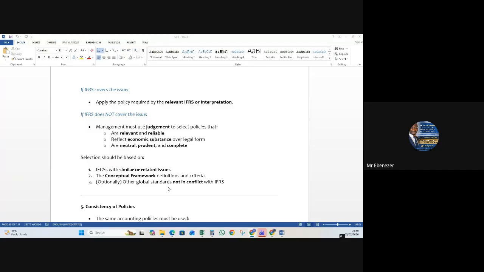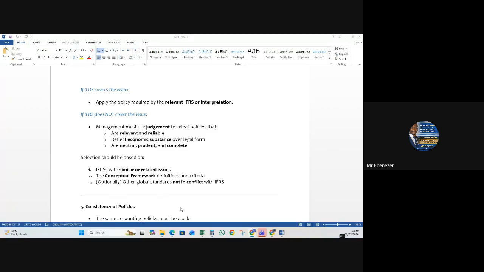That's it. Then also, optionally, you look at other global standards that will not conflict with IFRS, that do not go against IFRS. So that's it.